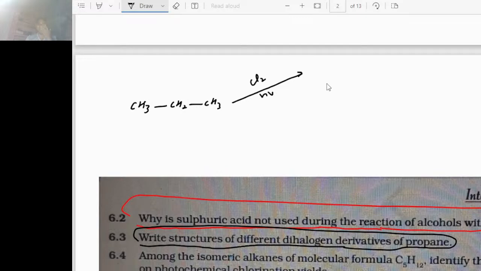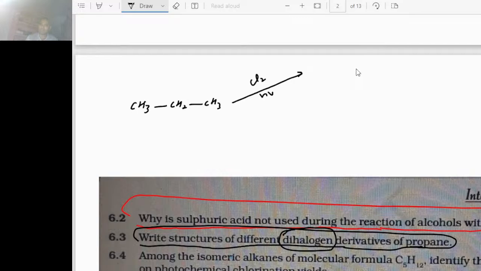So what possible structures are you going to get? And they are saying different dihalogen derivatives of propane. So where can the halogen go in this compound, student?